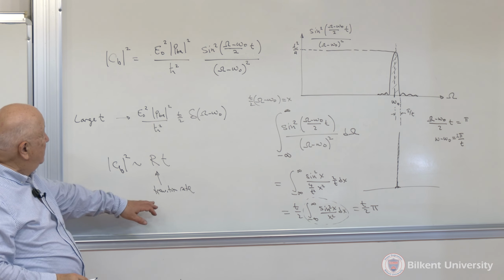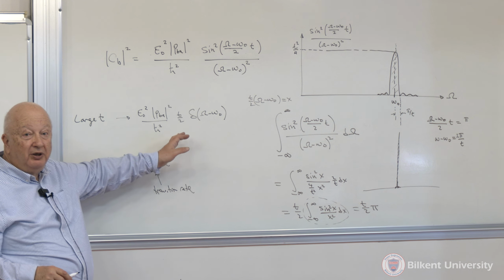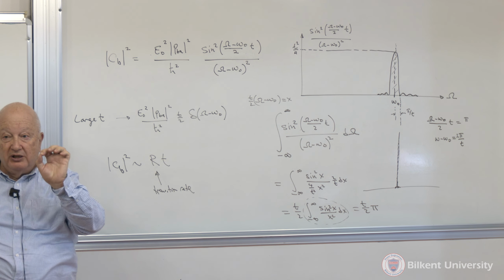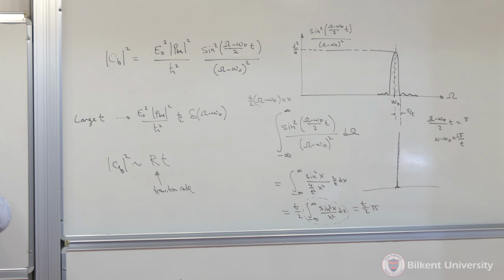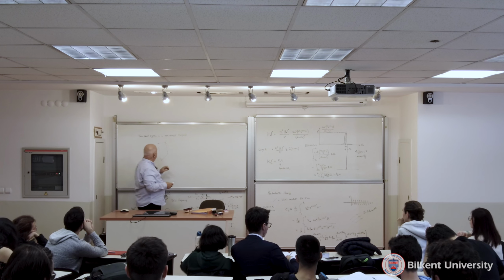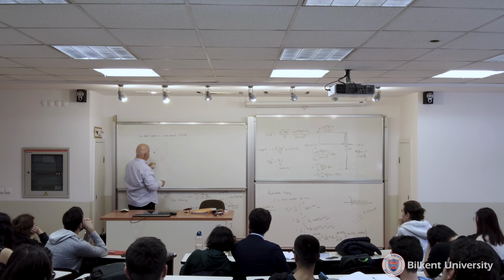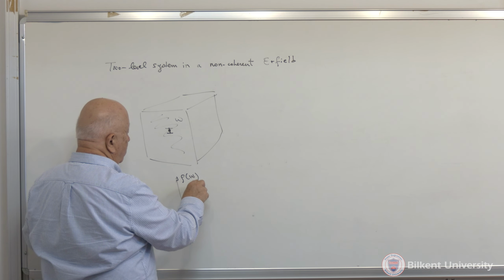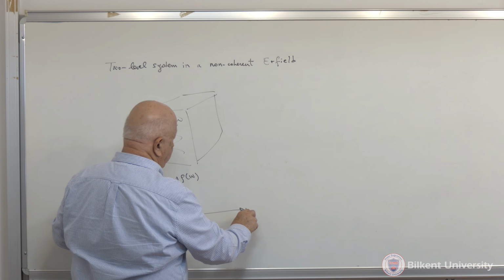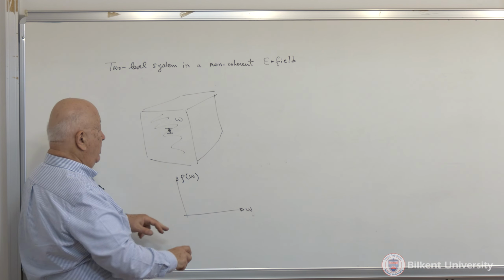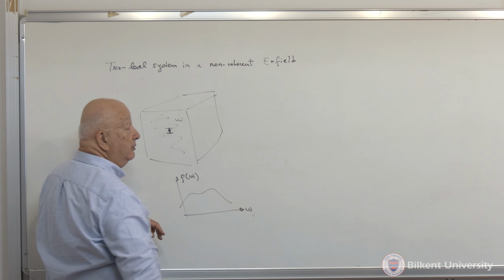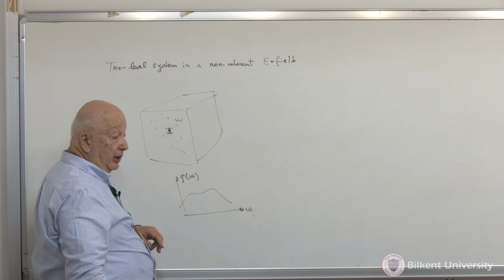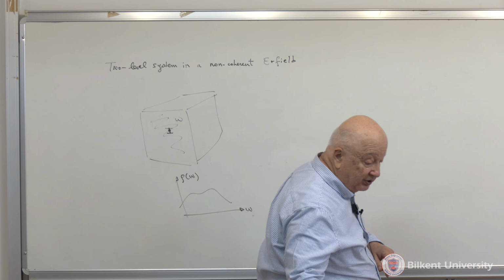So the transition rate here, we already found something, but it's only for a certain specific frequency. Now, in reality, you never have a constant, very precise frequency, but you have a whole bunch of frequencies. So you generally have what's known as an energy density. Rho of omega is going to be some function, and we'll be using that function.